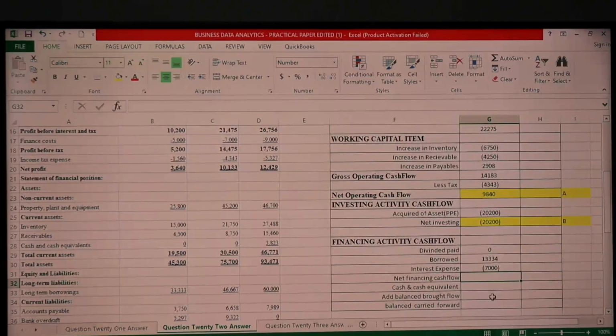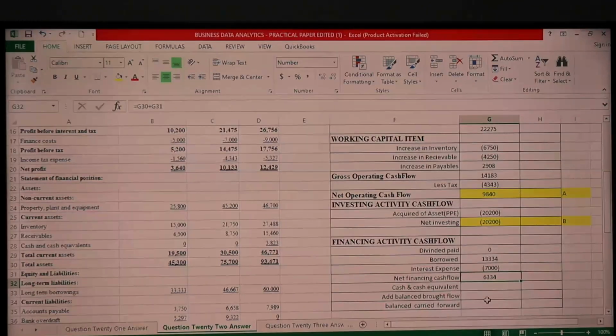So how do you get the net financing cash flow? You just pick this value, and since this one is already minus, we're going to add that cell so that we subtract the two. It will give us our net financing cash flow, which now will be our C.